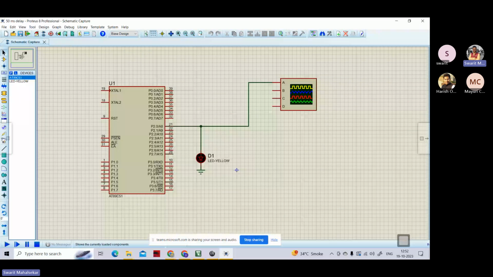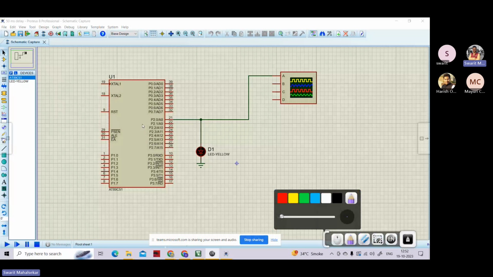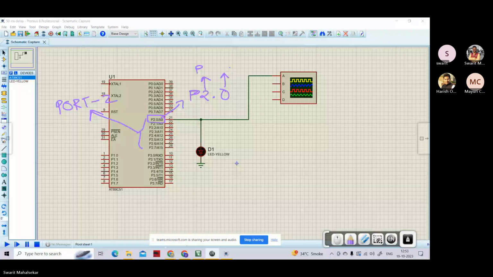This is my port 2, and I'm using pin number 0 from port 2. This is P2.0, that means port 2, pin number 0.